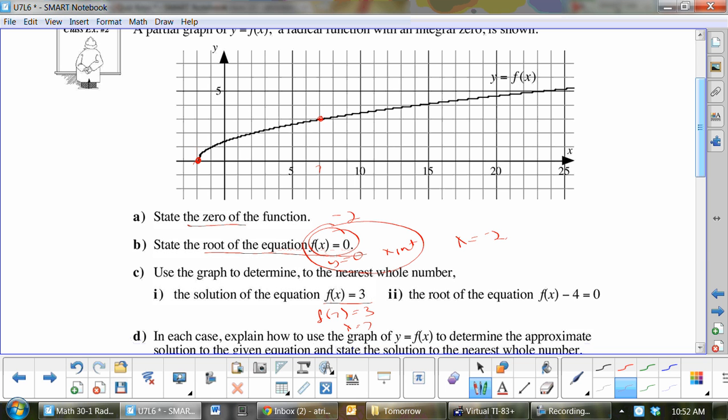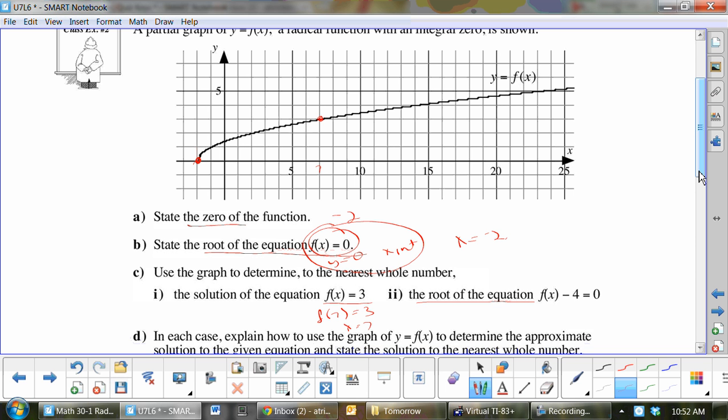Now what is the root of the equation f of x minus 4 equals 0? Again, a lot of terminology in there and a lot of really efficient manners of asking questions, but those are the confusing ones, the very efficient ones, the ones that have hardly any words.